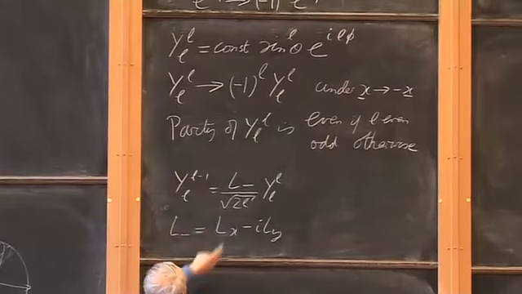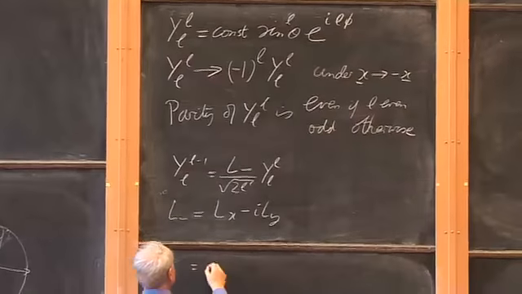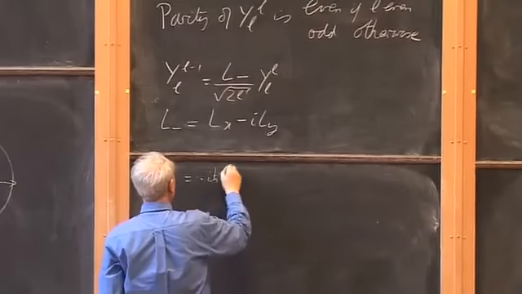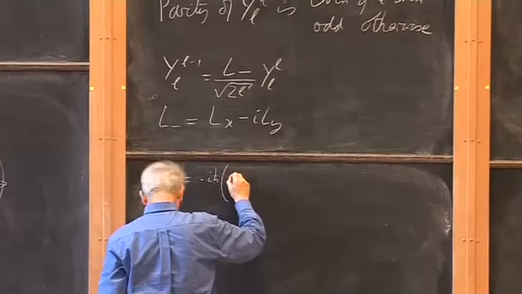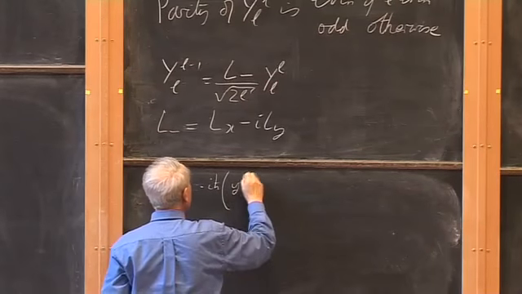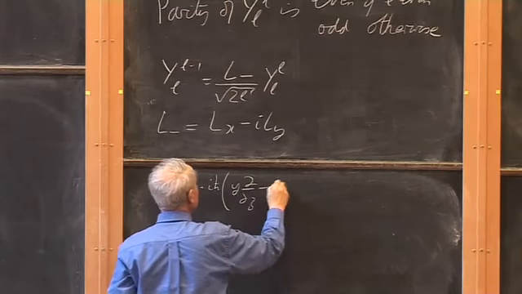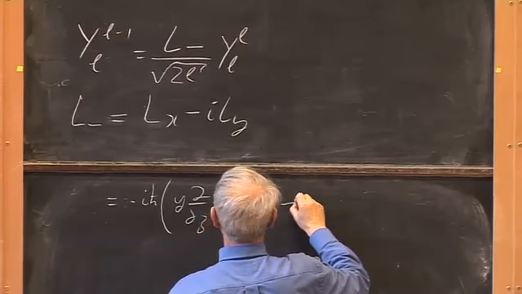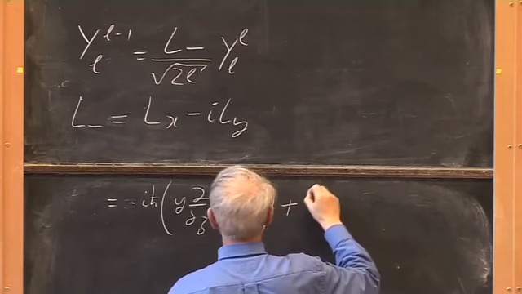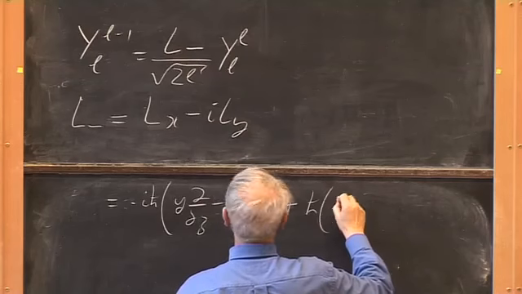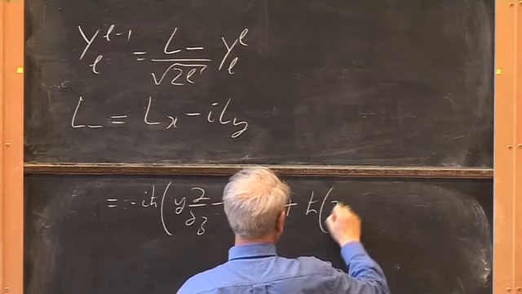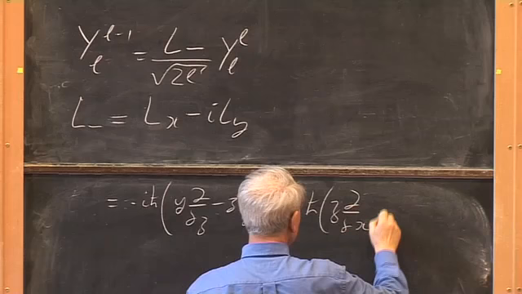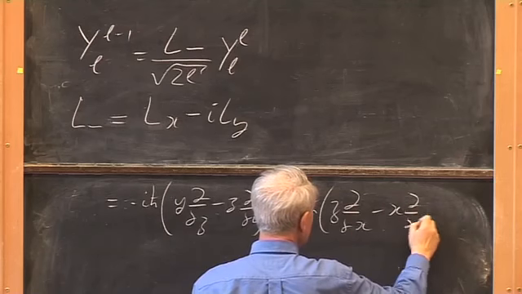In the position representation, what is this? This is minus i h bar of (y d/dz minus z d/dy) plus, minus, who knows, h bar. It doesn't much matter. The key thing is that we're going to have here z d/dx minus x d/dz.